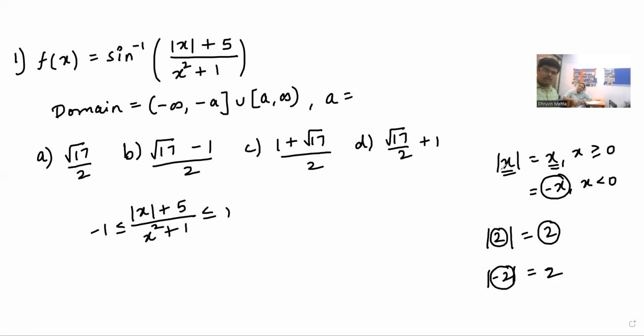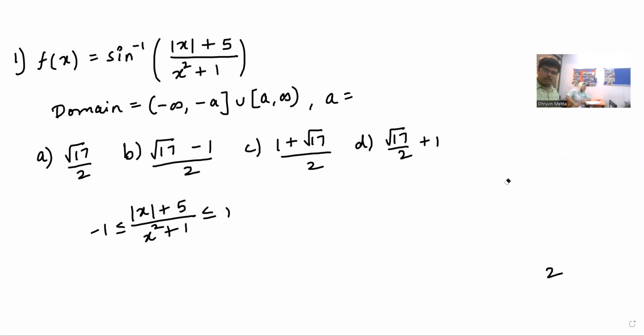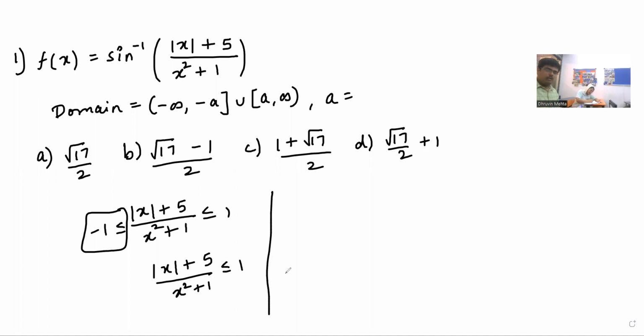But when you substitute any number, mod of that is going to be positive. So do you realize that this part doesn't make sense? We can directly say that mod x plus 5 is always greater than equal to -1, because that will always hold true. And now we have to solve the other part.